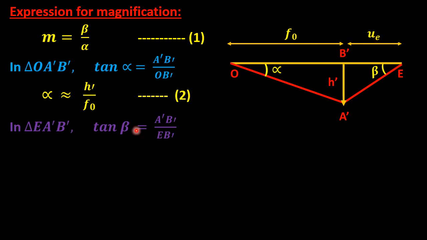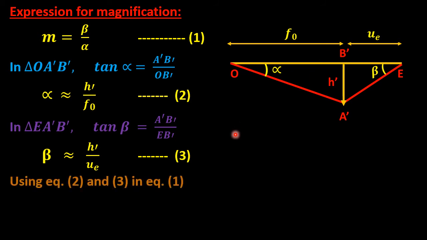And under small angle approximation, tan beta will be replaced by beta, so that we can write beta is nearly equal to S' by UE. So let this be equation number 3. Now here we use equation number 2 and 3 in equation number 1, and after simplification we will get m equals F naught by UE. So let this be equation number 4.